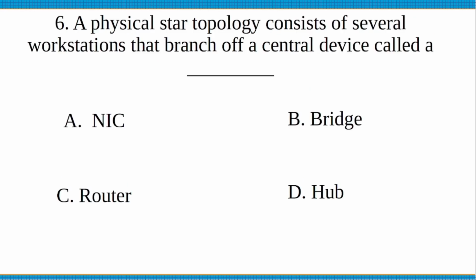Question number 6 is another fill in the blank. It says a physical star topology consists of several workstations that branch off a central device called A. NIC, B. bridge, C. router, D. hub. The answer is hub.